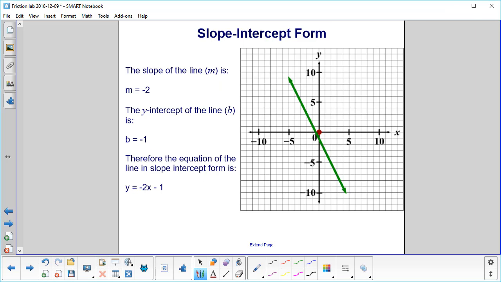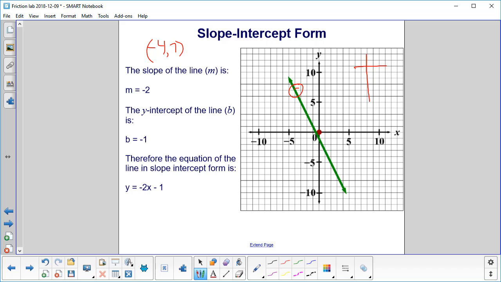To find the slope, we'd like to find points on the green line that lie on the intersection of our graph grid lines. Here's a point right here, and that point is (negative 4, 7). Now let's find a second point.